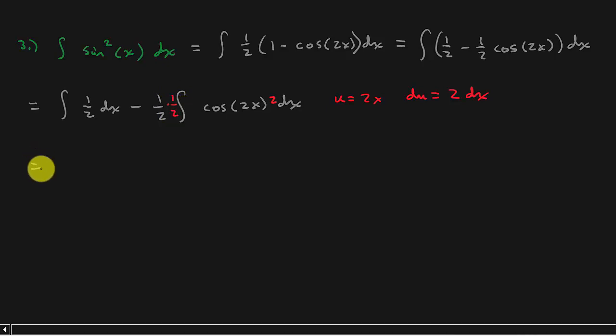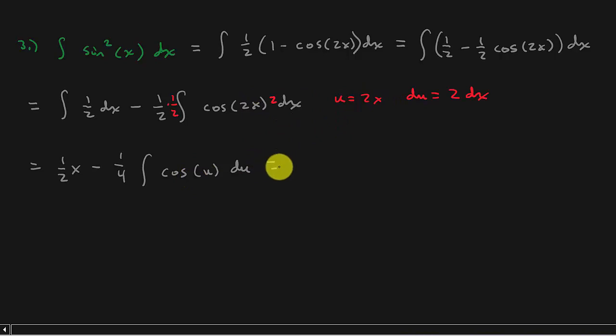And so this is going to give me 1/2 x, that's integrating that one, minus 1/4 integral cosine u du. We just use u substitution here. See, the 2 dx got replaced with du, and the 2x got replaced with u.